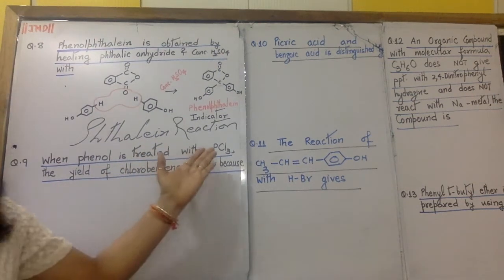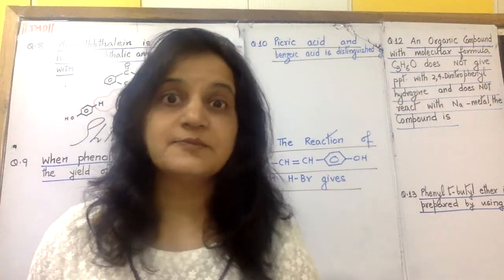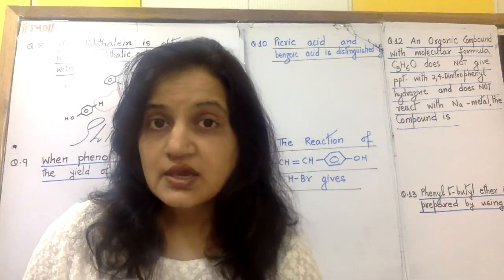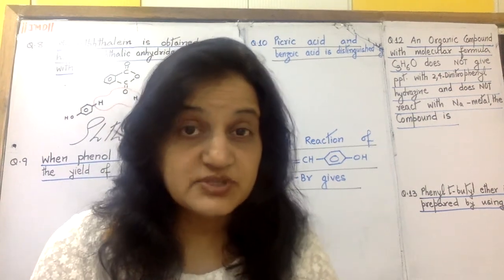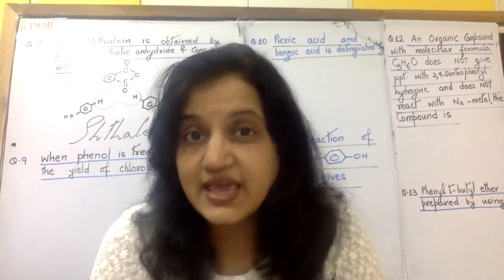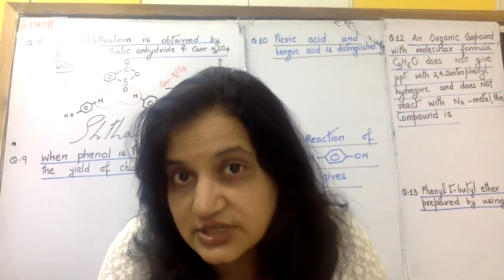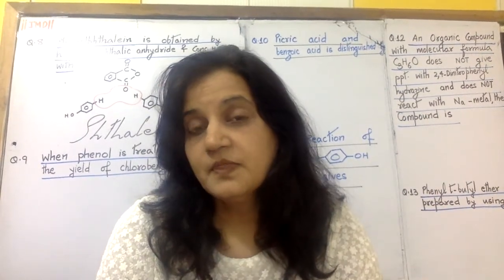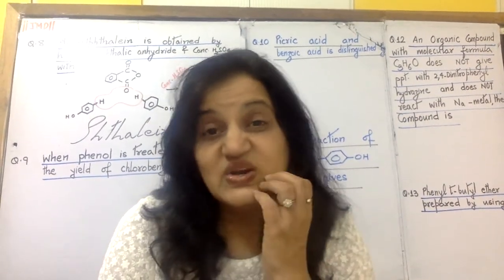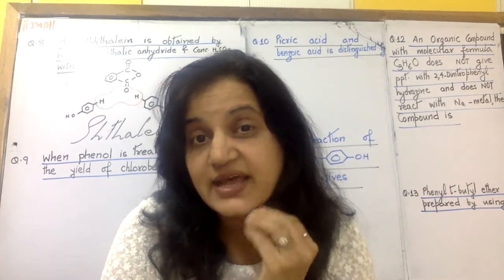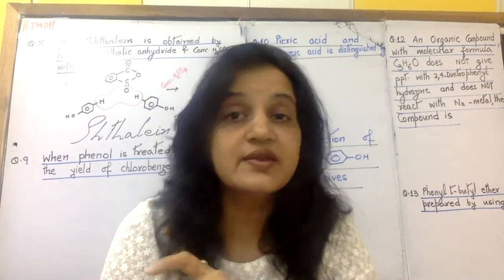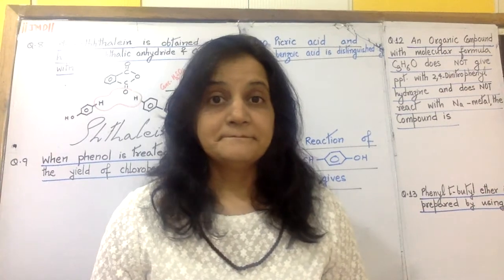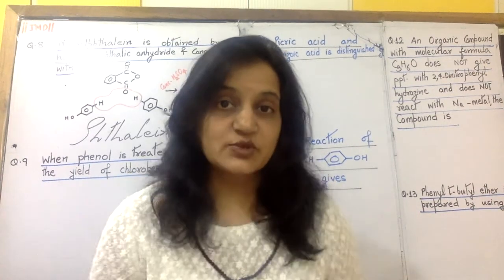ROH with PCl3 gives RCl plus H3PO3, and RCl is the major product. But when instead of R we take Ar, that is an aromatic group, then we are not getting aryl chloride as the major product, but we are getting, that is what the question is.